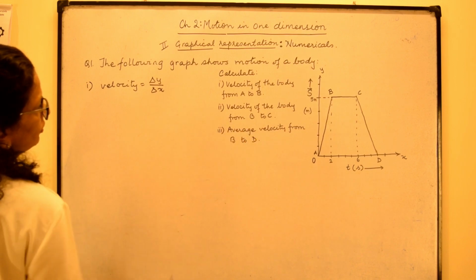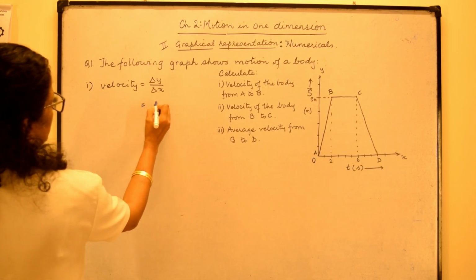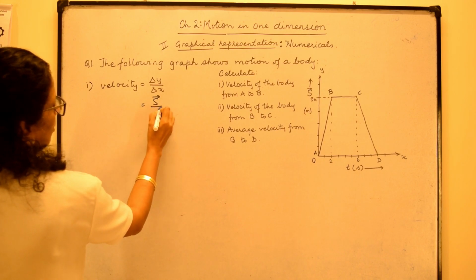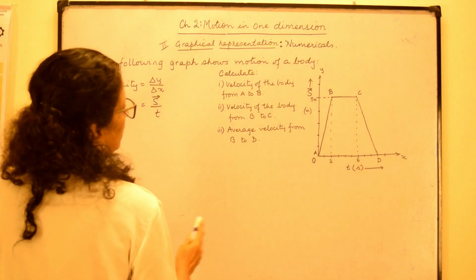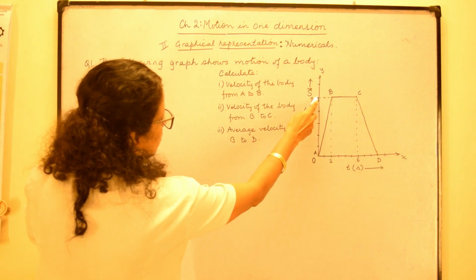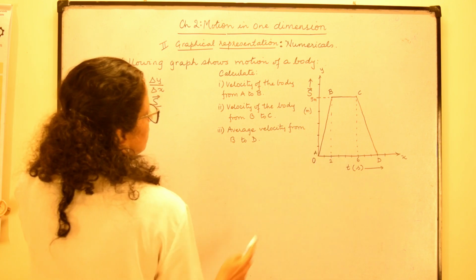That is the slope of the graph when it is displacement against time. And so that will give us displacement upon time, because delta y gives you the displacement from here to here, and from here to here it's giving you time.